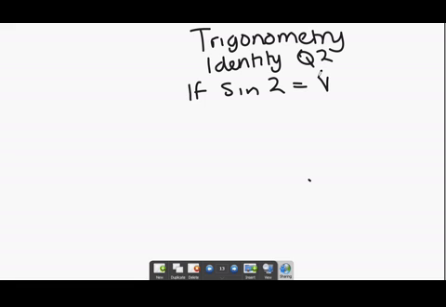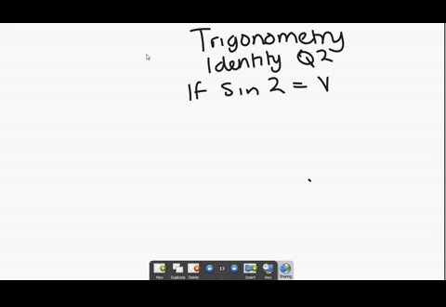Maybe the first follow-on question will be find tan 2. Now what I would like to do is first of all use the information that I'm given. So I'm just going to ignore that part a bit and say, look, I'm not going to look at the question yet. I'm just going to concentrate on working with what they have given me.